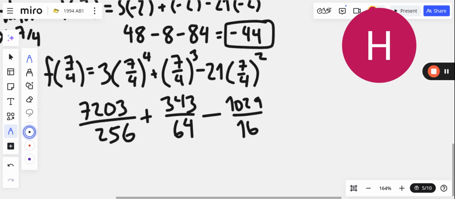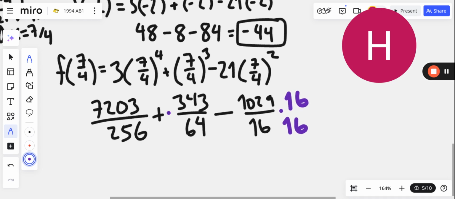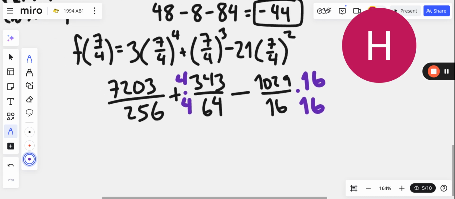So the best thing to do here is notice that these denominators are close to each other. All we need to do is multiply the top and bottom by something. So we multiply the top and bottom by 16. We multiply the top and bottom by 4.